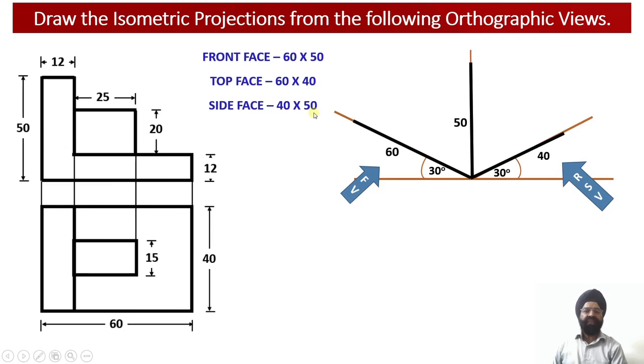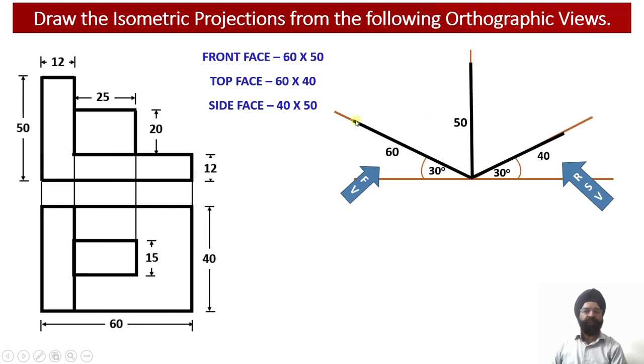So since we have got the right hand side view, this will be drawn on this side and this will be our front view face of the solid. In the front view face of the solid, we know the dimensions 60 millimeter by 50 millimeter. So we are going to draw this length of the solid, equal to 60 millimeter, along the x-axis and the height of the solid will be drawn along the y-axis over here.